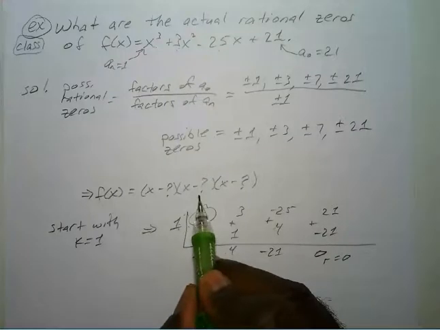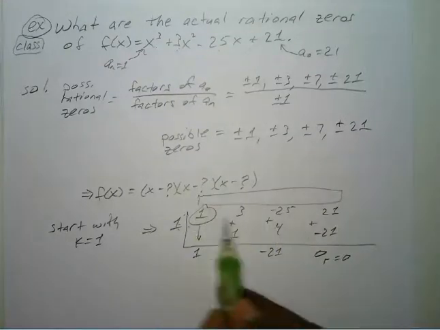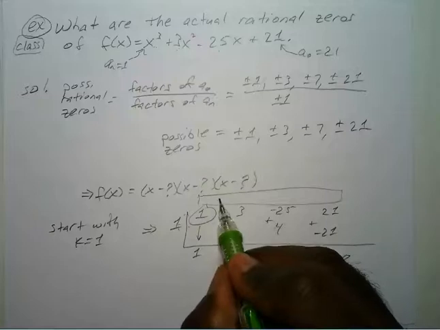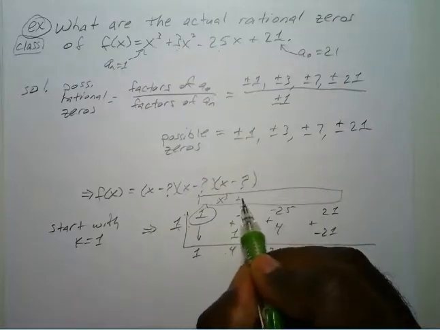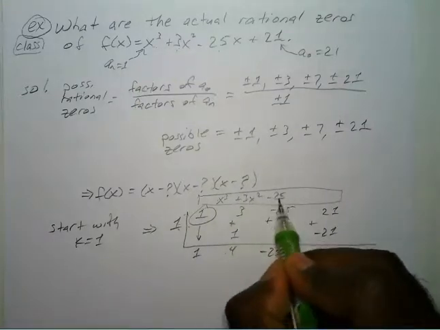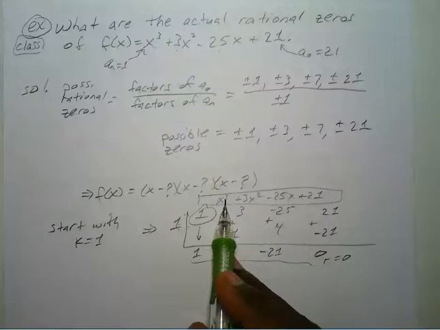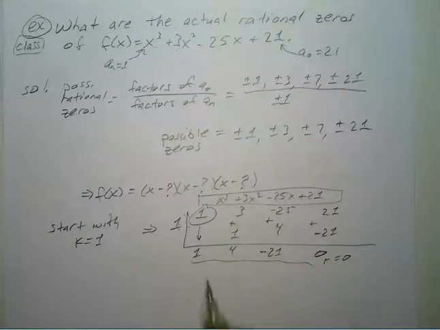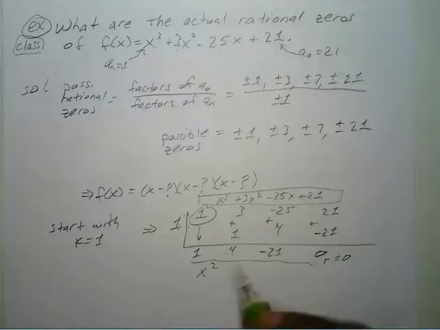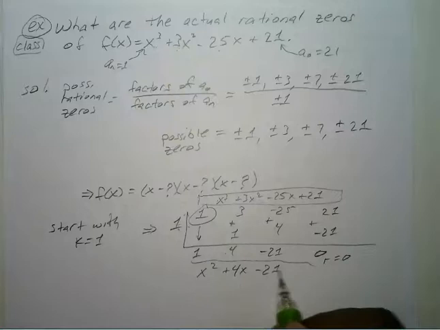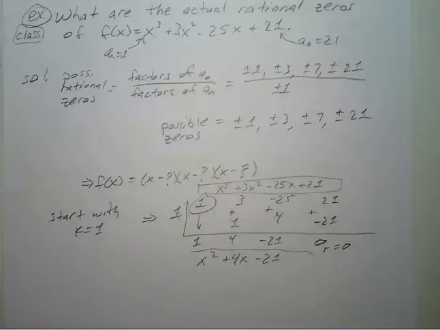Okay, so remember that this top row of coefficients is your x to the third plus 3x squared minus 25x plus 21. So this row here, that exponent is going to drop 1. So instead of x to the third, this is going to be 1x squared, or just x squared plus 4x minus 21. Okay, so we know that 1 is a rational 0.